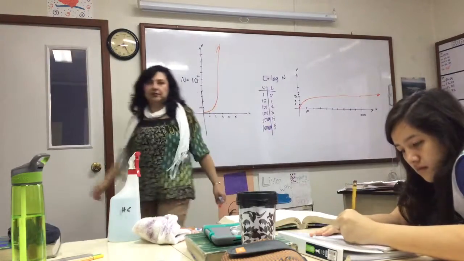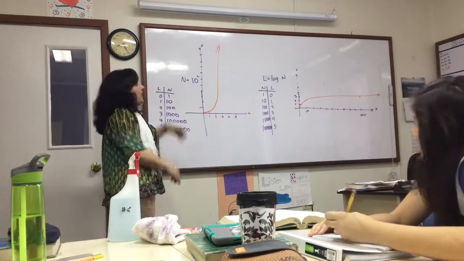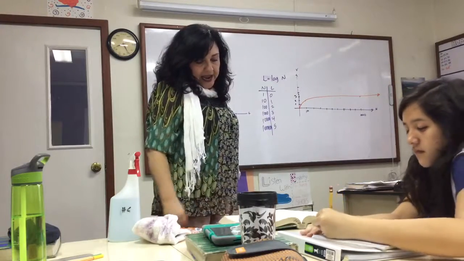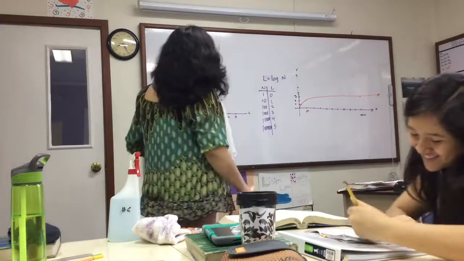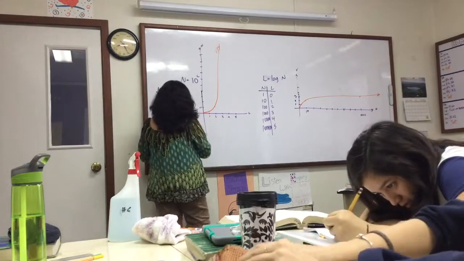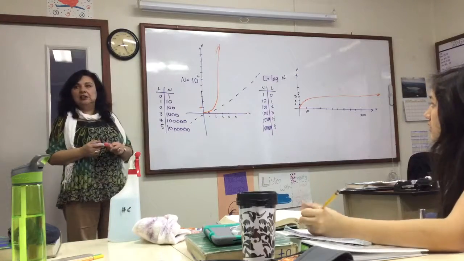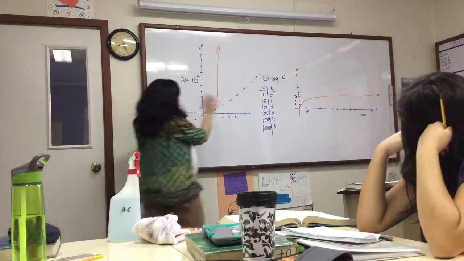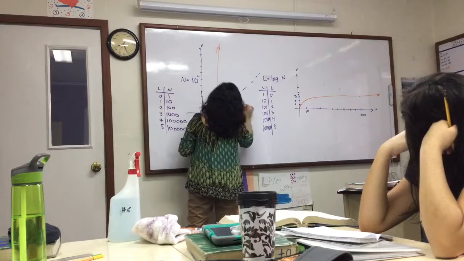What do you see? It's the same, except this one is going to the left and the other one is going up. If I were to draw a mirror line there, the other one would be here, right?